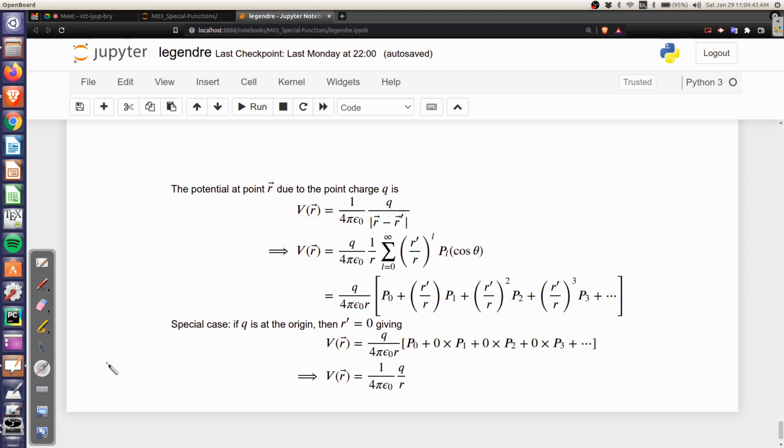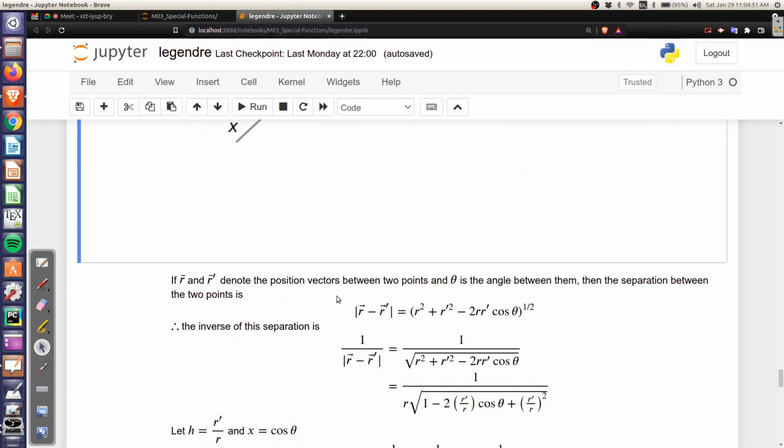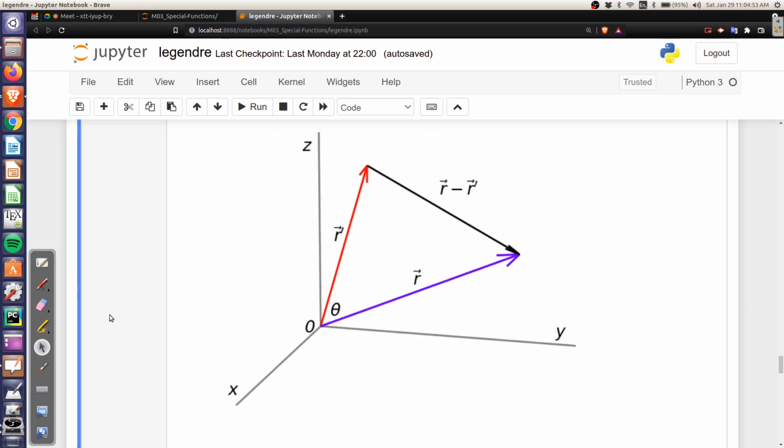And then a special case, if the charged particle is at the origin, then r prime will be 0, right? The charged particle, where was the charged particle? The charged particle was here. Now if I take the charged particle and if I place it at the origin, what will happen to r prime? R prime is going to become 0, correct?